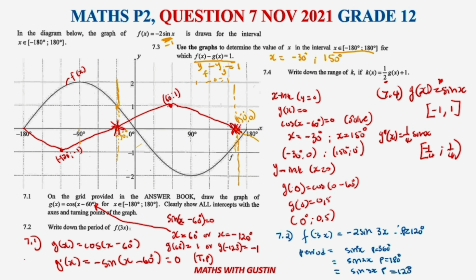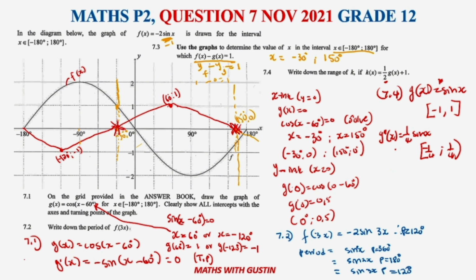So whatever it is here as the coefficient of the sine, that should be the range. So now if they are giving us half g of x plus 1, the number plus 1 is not going to affect the x values, it's only going to affect the y, shifting the graph. So really it's not going to affect our range.